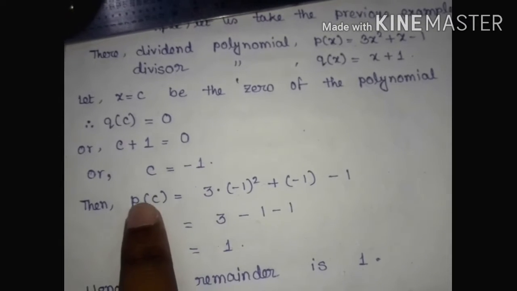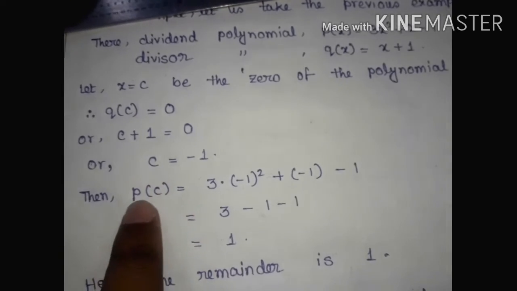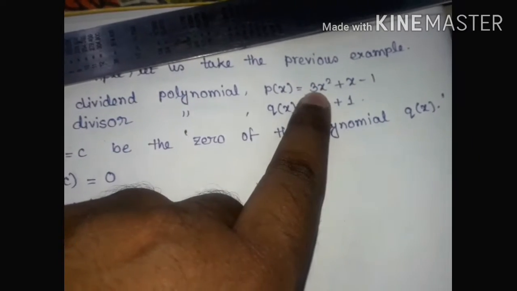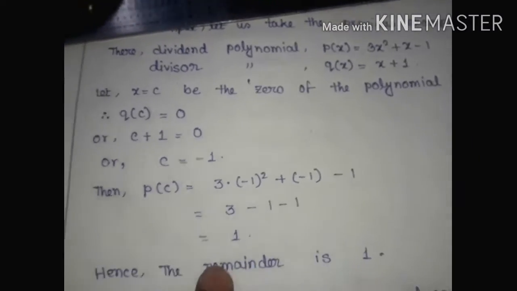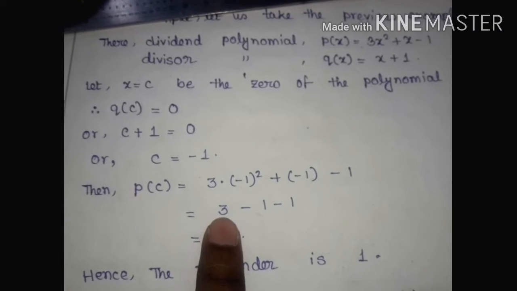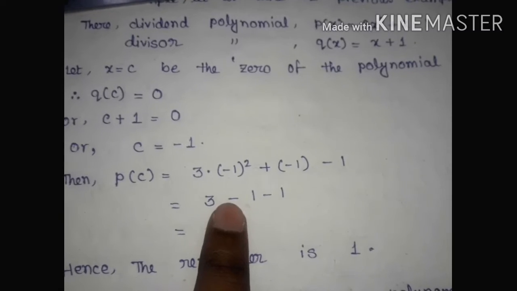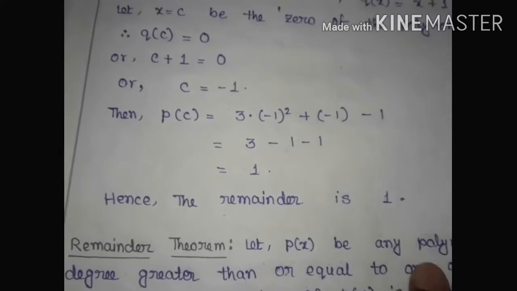Now for the remainder we have to calculate pc. That means p of minus 1, that means 3 into minus 1 whole square, plus minus 1, minus 1. 3 into minus 1 whole square means 3 into 1, minus 1 minus 1, so the remainder is 1.